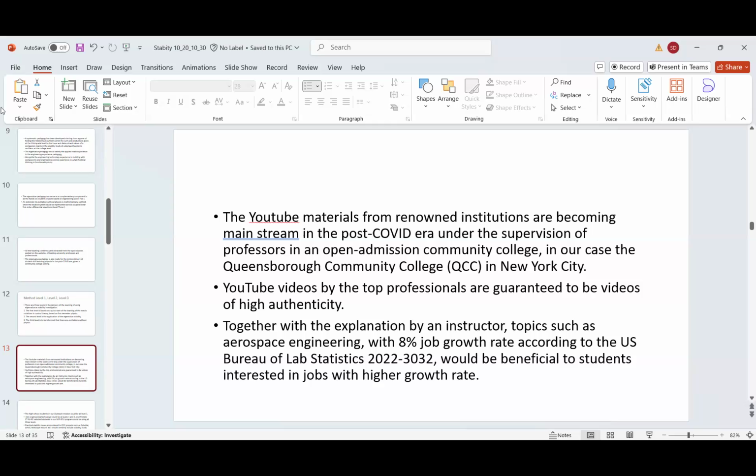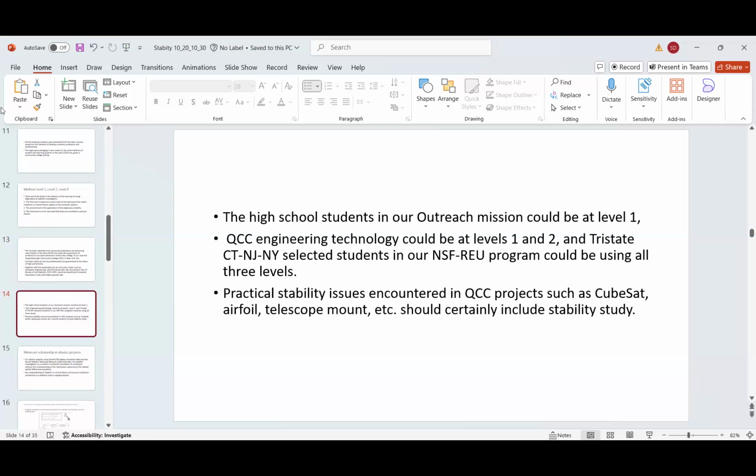Topics such as aerospace engineering, with 8% job growth according to the Bureau of Labor Statistics for 2022 to 2032, are beneficial for students interested in jobs with higher growth rates.